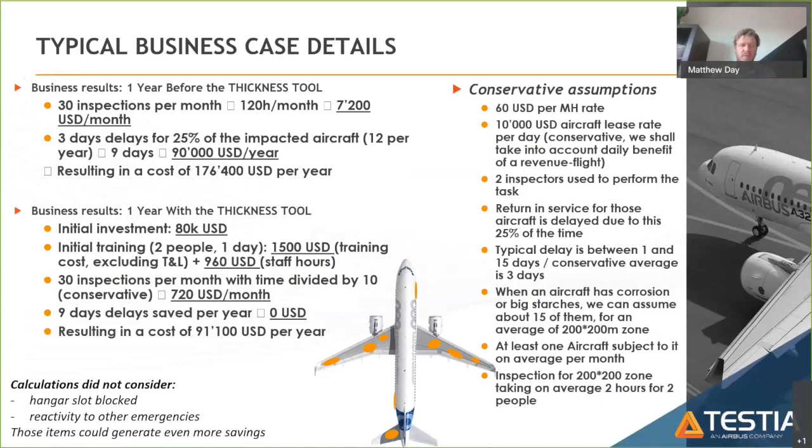So if we take the same information using the same conservative assumptions and look at a 1 year period with the thickness tool, the initial investment is $80,000, so that's for the equipment. The initial training to use it, it's 2 people 1 day, can easily cover it at $1,500, not including travel and other expenses for the trainer.